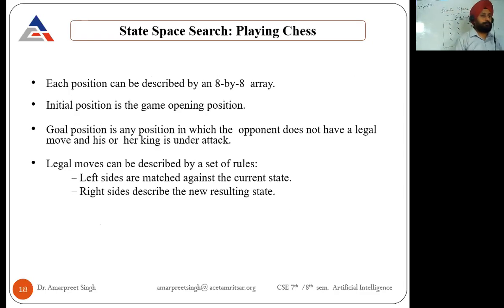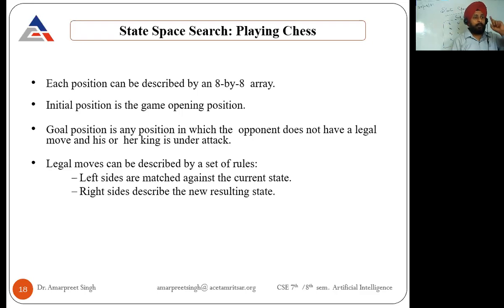Next, state space search, like playing chess. Each position can be described by an 8 by 8 array, that is the chessboard. 8 into 8, 64 locations are there. The initial position is the game opening position where 8 are aligned in a horizontal manner from the black side and 8 from the white. The goal position is any position.